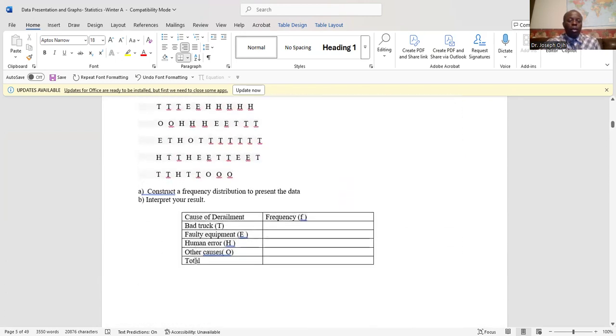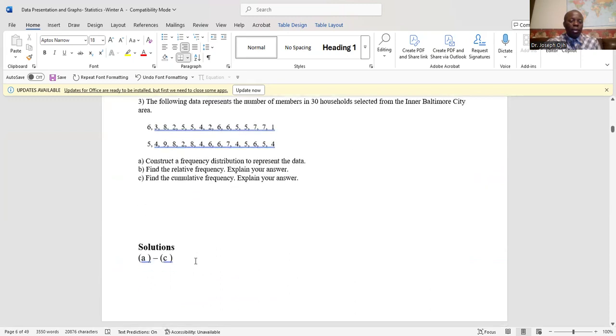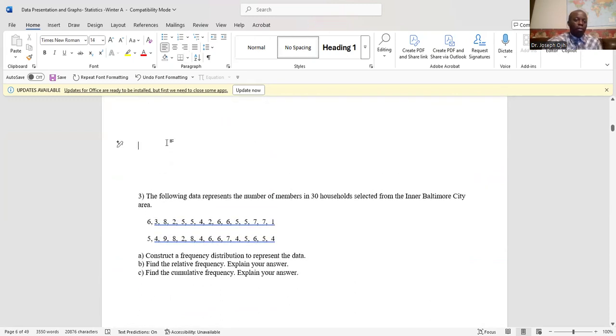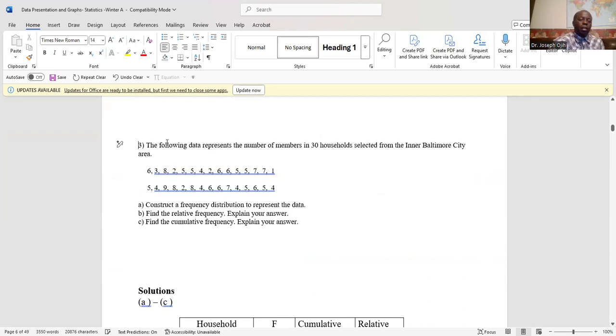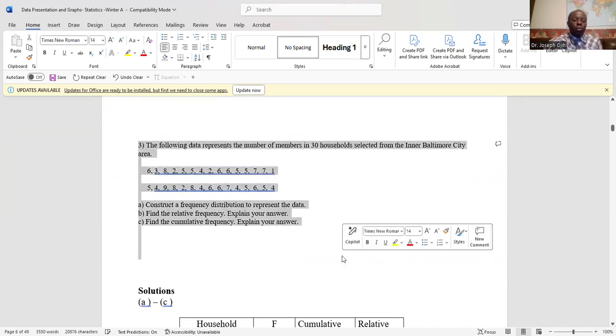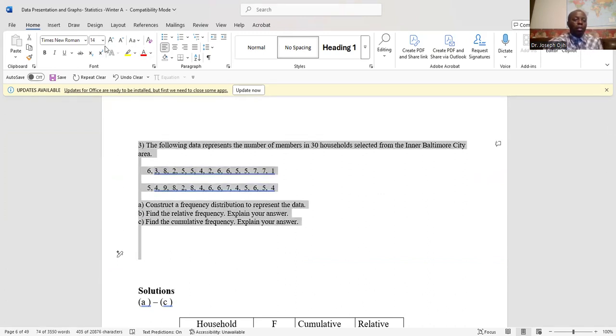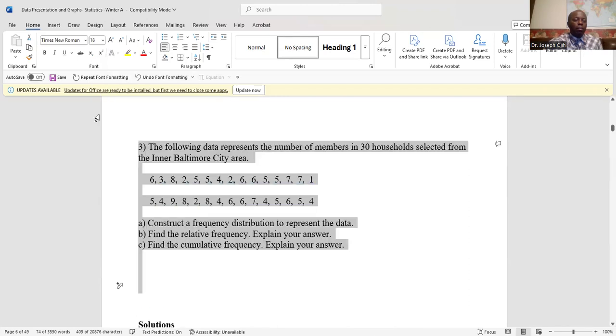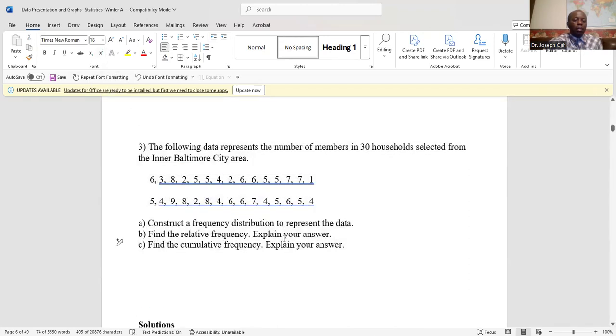Let's go to the other type of questions for frequency distribution, ungrouped frequency distribution. Look at this type. It says the following data represent the number of members in 30 households selected from the inner Baltimore City area.